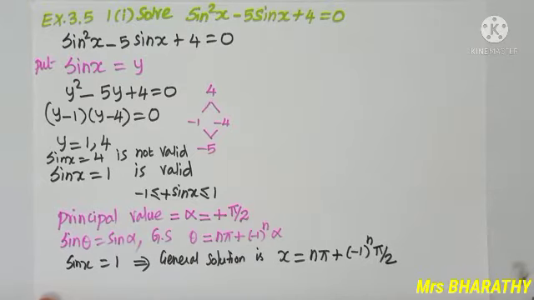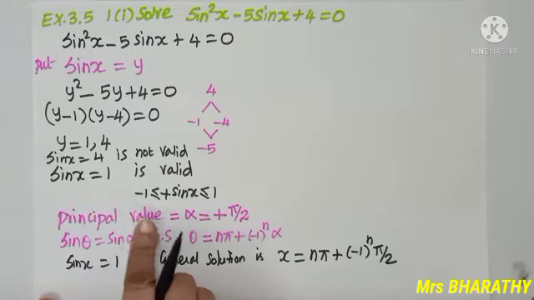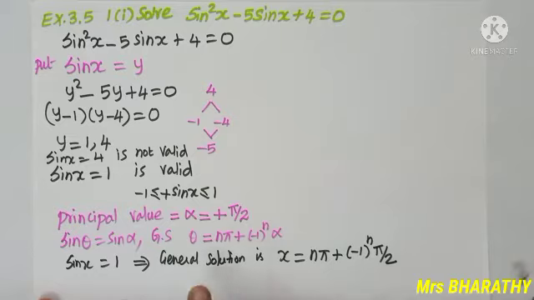So trigonometrical equations, the solution we have to remember: when sin theta is sin alpha, where alpha is the principal value, I recall the general solution, theta equals n pi plus minus 1 power n alpha. Here theta is x and alpha is pi by 2, and that completes the solution.